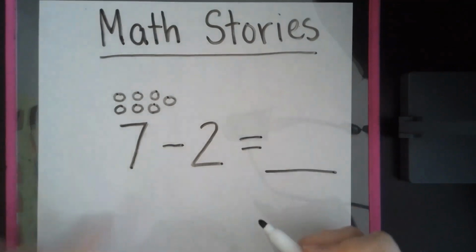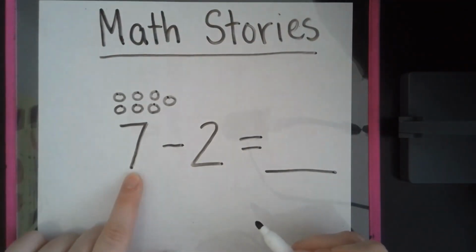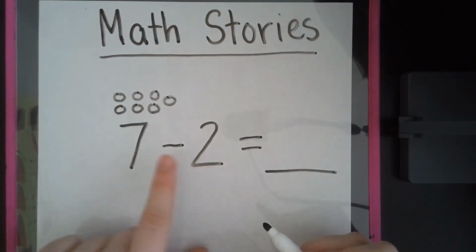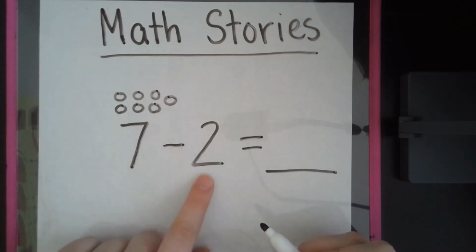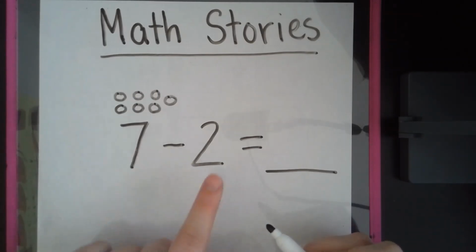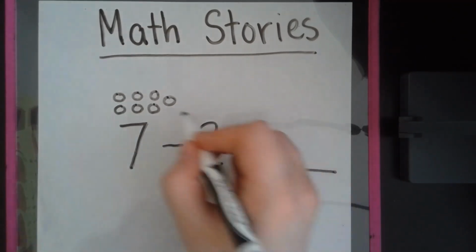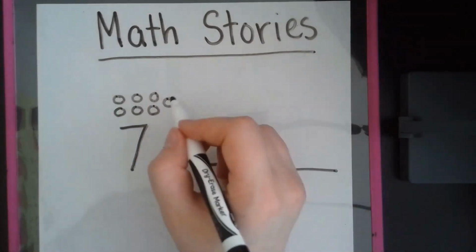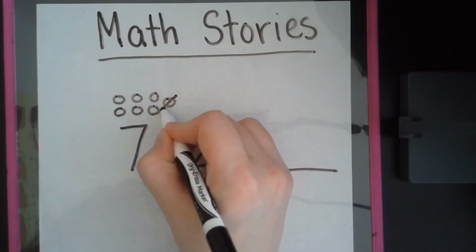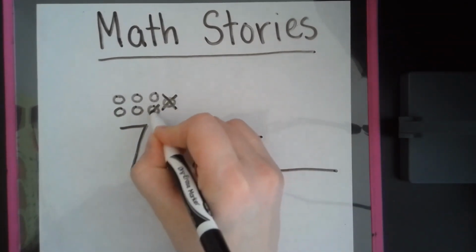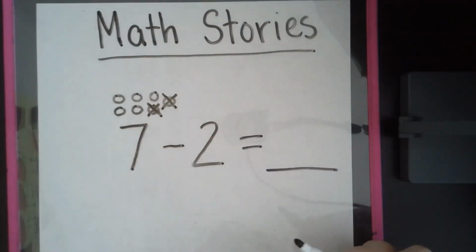Let's put that last one there. So I have 7 minus 2. I'm going to take away 2 from my 7. So I'm not drawing pictures above my 2 because we're taking away. So I'm just going to cross out 2 circles. So I'm going to take away 1, 2 circles.